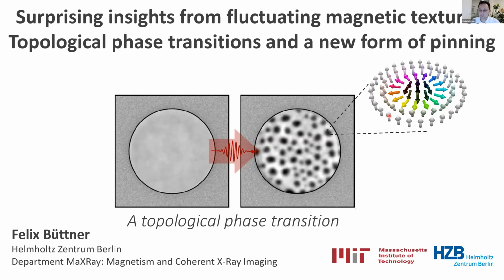This is embedded in a matrix of spins that are pointing up, and these up-pointing spins are depicted as white in our images. There's a continuous rotation between these areas, and this gives the skyrmion a particular topology. So the skyrmion is topologically different from a uniform magnetic ground state.